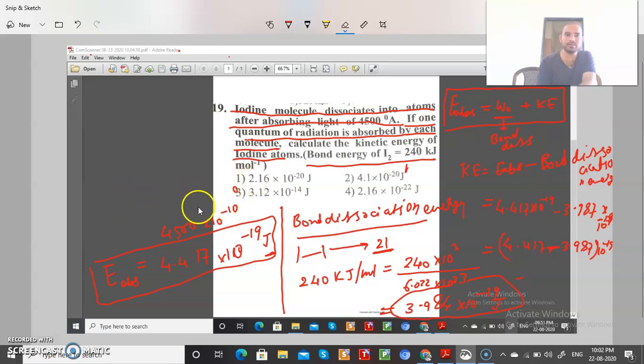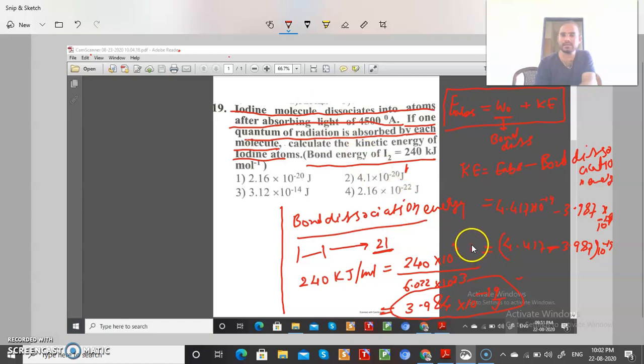So here we got the work function, or the bond dissociation enthalpy, and now the kinetic energy also. This value is the kinetic energy.